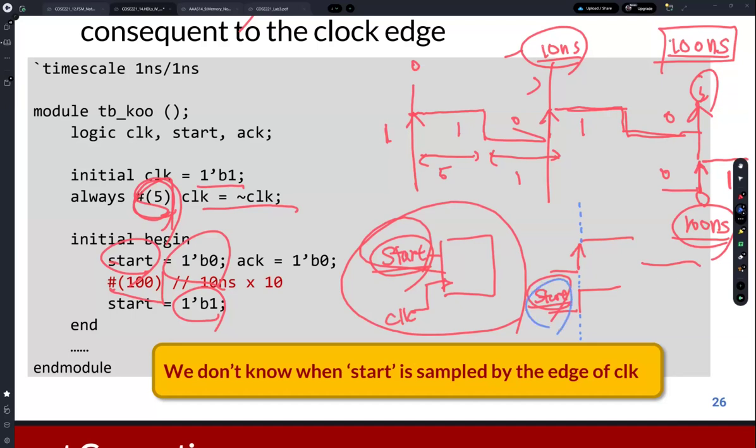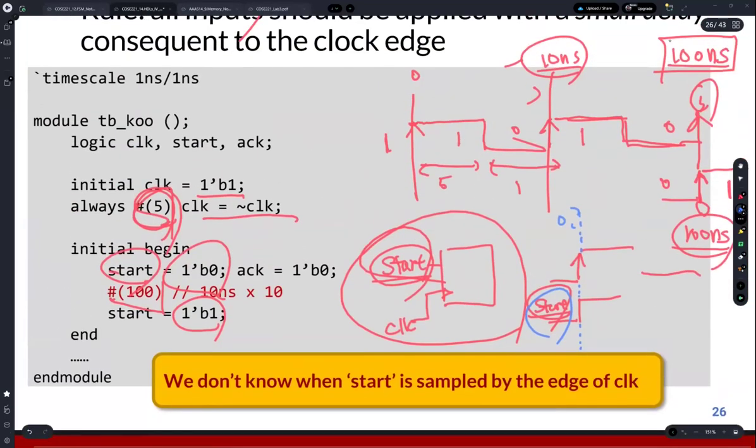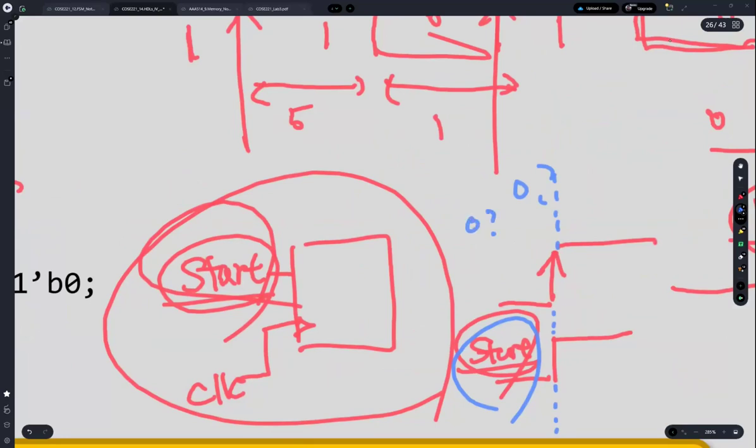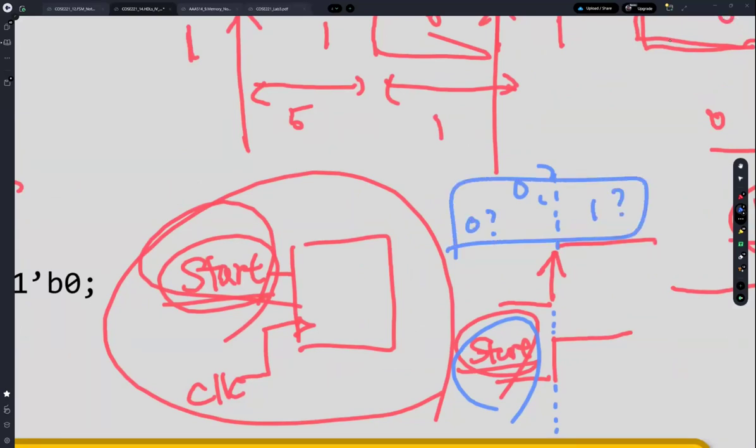Because the signal value changes on the exact rising edge of the clock, what is the sampled value? Is it 0 or 1? Actually, you don't know. This is the problem. The test bench generates input signals to provide some inputs.